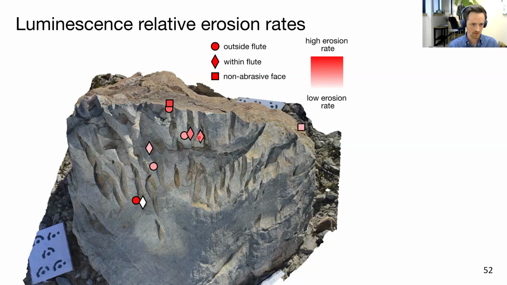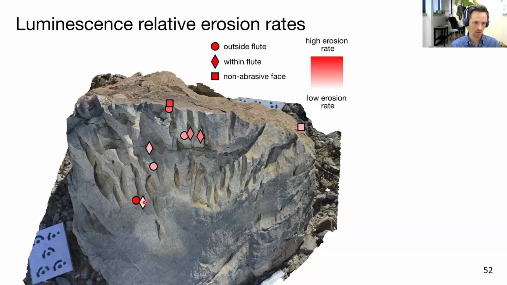And so here you can see that we've got an erosion rate measurement within and outside of this flute. Now, at this point, you've probably made your own judgment about what's going on here. But here's what I see. We see the opposite of what we would expect if these things were actively forming today.